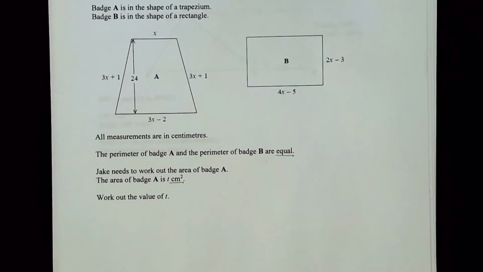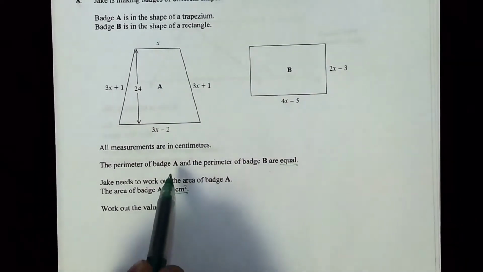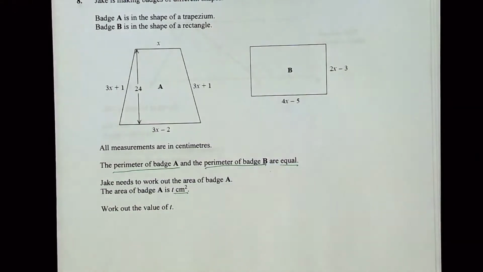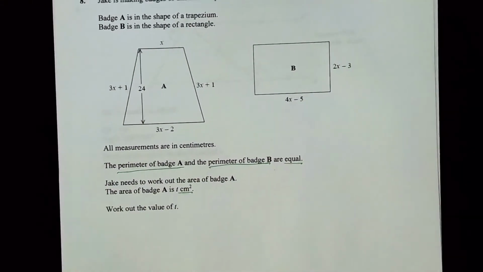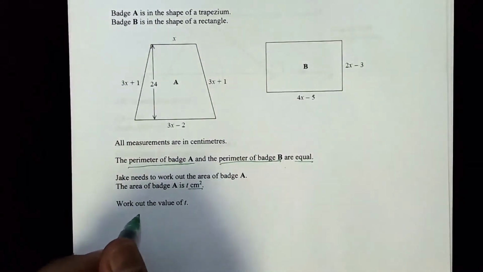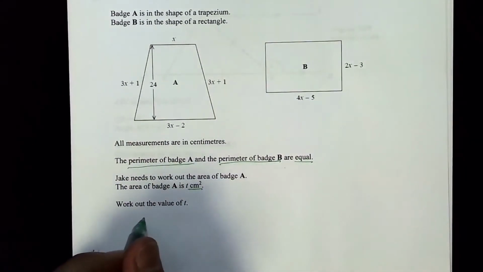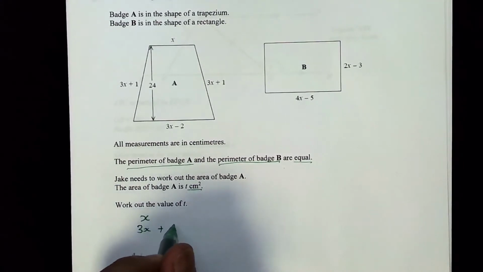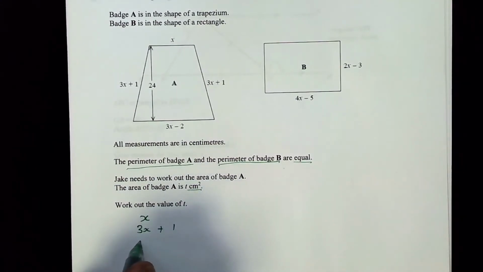So the first part we're told is that the perimeter of the two badges is the same. It's equal. So we're going to work out the perimeter of badge A and badge B. For badge A, it's got 4 sides for the trapezium: x, 3x plus 1, 3x plus 1, and 3x minus 2.